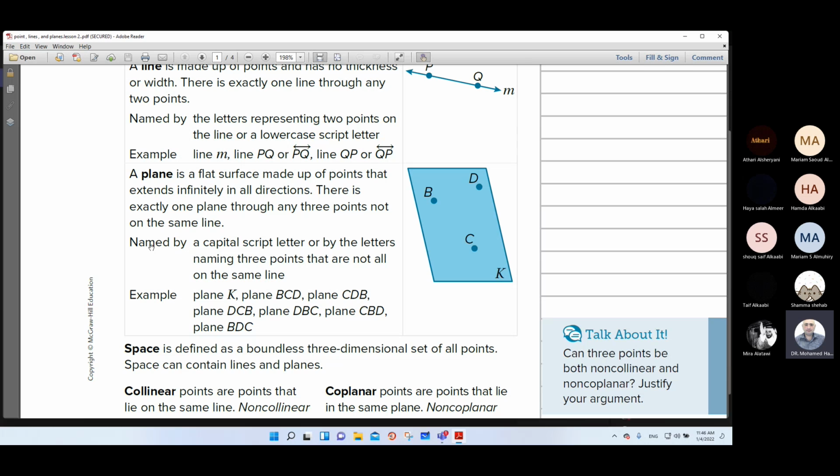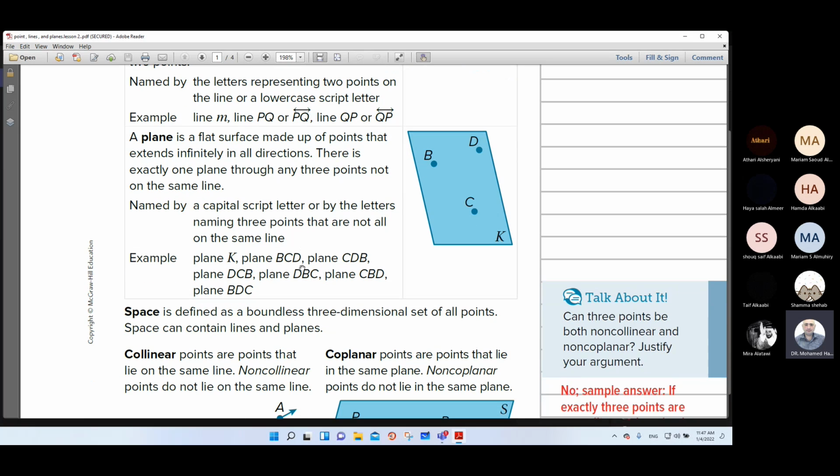So a plane is named by a capital script letter, as you see here, K, or by the letters naming 3 points that are not all on the same line.